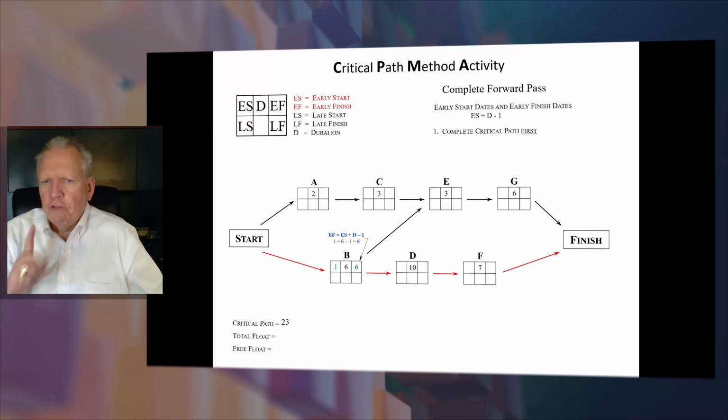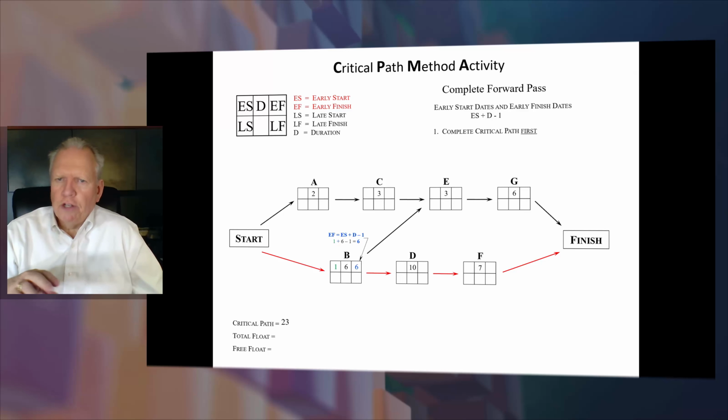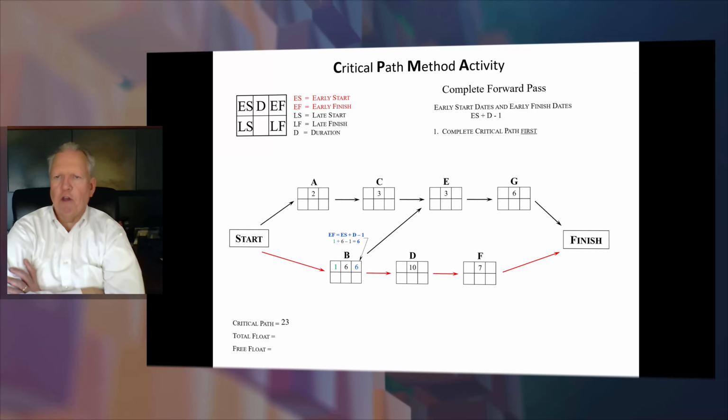Now, for those of you who have done 0 day, do not do a 0 day if you're doing a critical path. And here's why. Those of you who have been taught to do a 0 day, a lot of times you'll come up with the correct end date. But the PMP does not ask you for just an end date. The PMP will ask you for dates along the sequence. You will be a day off all the way through.